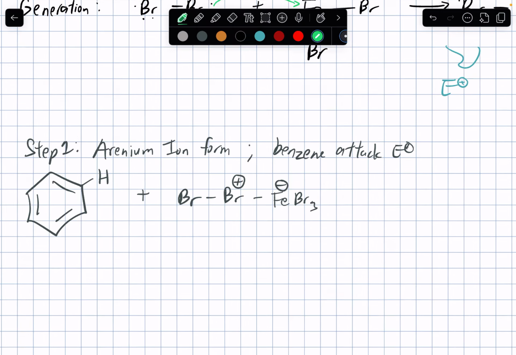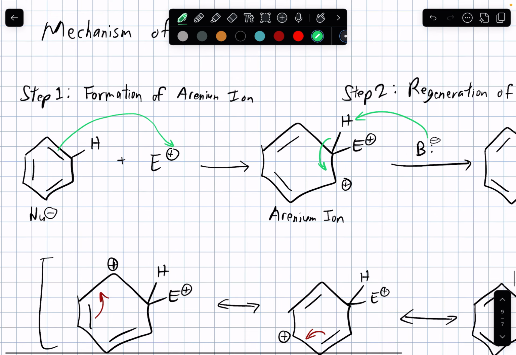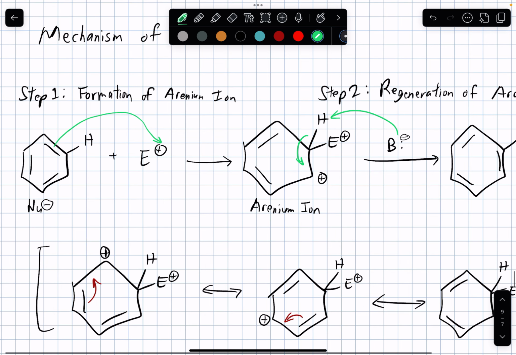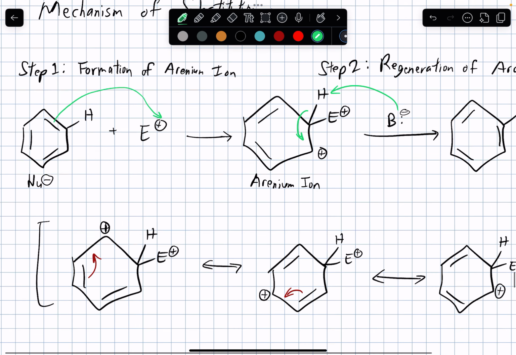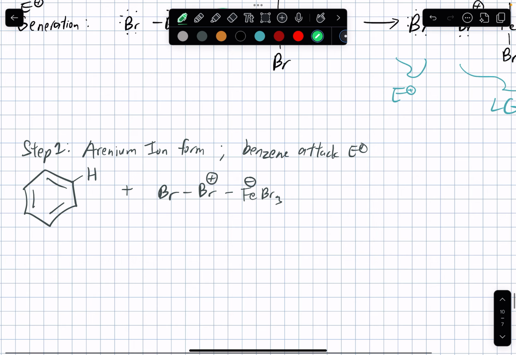So what are the arrows involved here? Let's look back to our template. So from here, one of the double bonds in the ring itself goes to this.